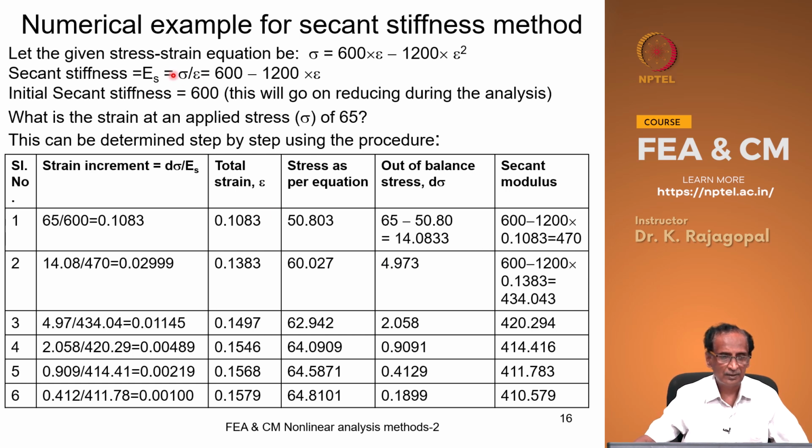In this case the secant stiffness is sigma by epsilon, and that is 600 minus 1200 epsilon, and then these are the results with the secant stiffness method. After 6 iterations our total strain is still 0.1579, whereas even with the initial stress method we got about 0.1583, and our out of balance stress was slightly smaller in that case.